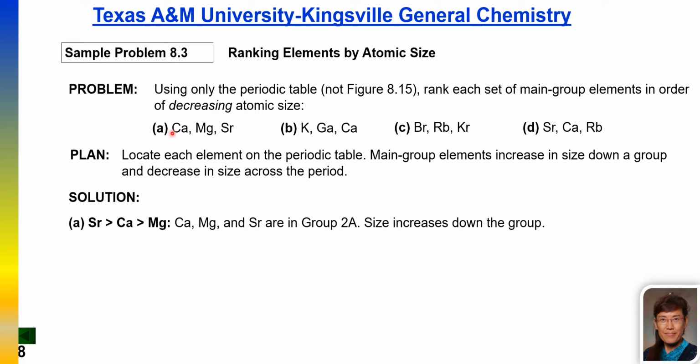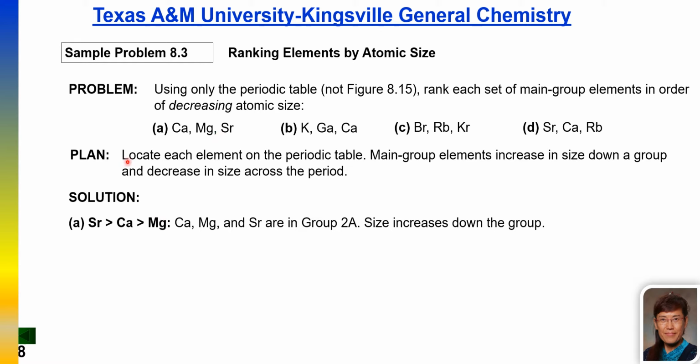For example, in our group A, you have strontium, calcium, magnesium. Find the atomic size or atomic number. We know the first element is magnesium, followed by calcium, and then strontium.